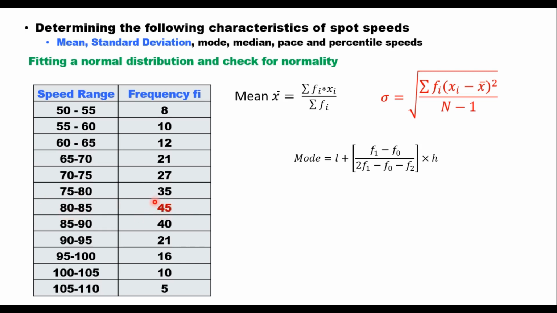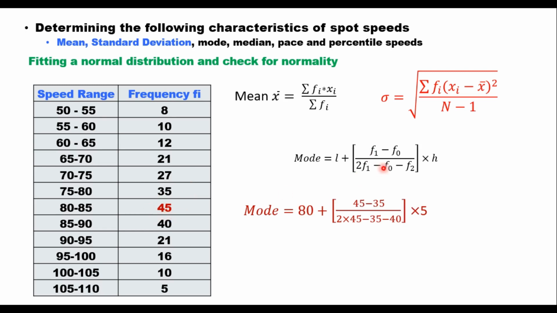F1 is the modal frequency, that is 45, F0 is the one preceding the modal frequency, that is 35, and F2 is the next one, that is 40, and H is the class interval, that is 5 km per hour.